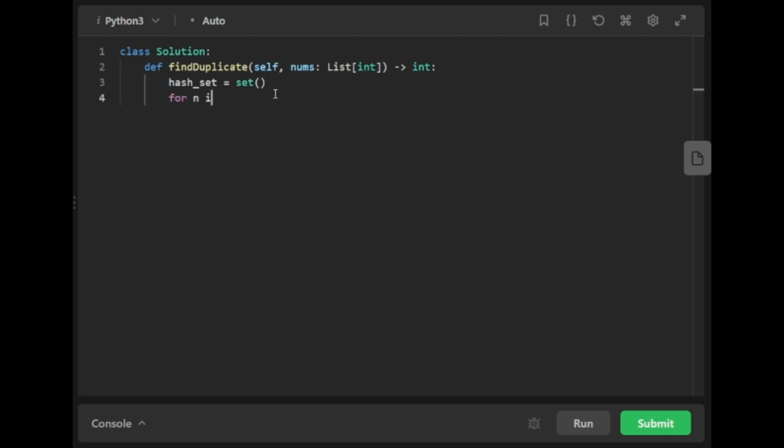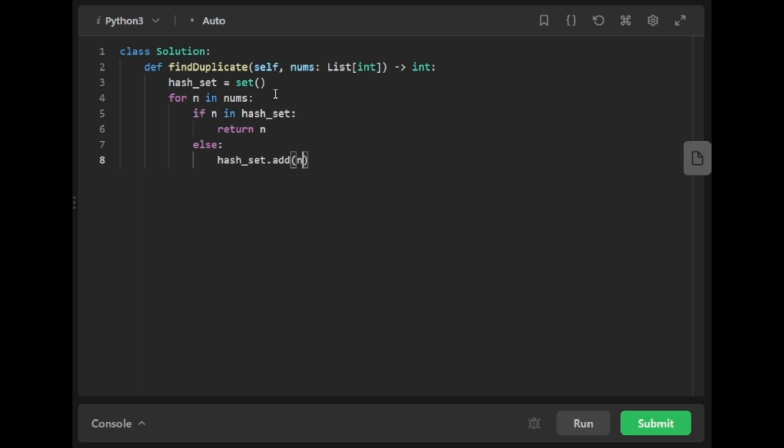Then we will iterate through our array, and if n is in the hash set, then we would return n, and if not, we would just add n into our hash set.